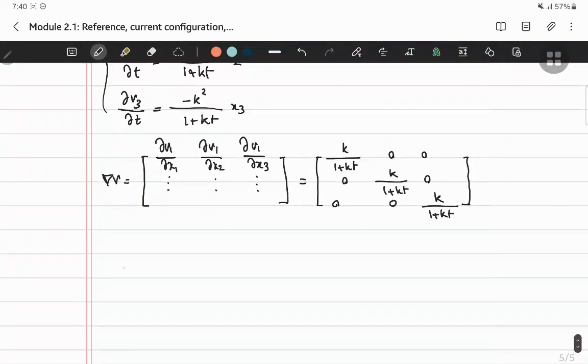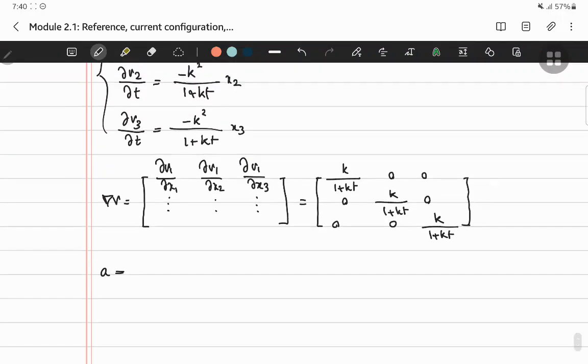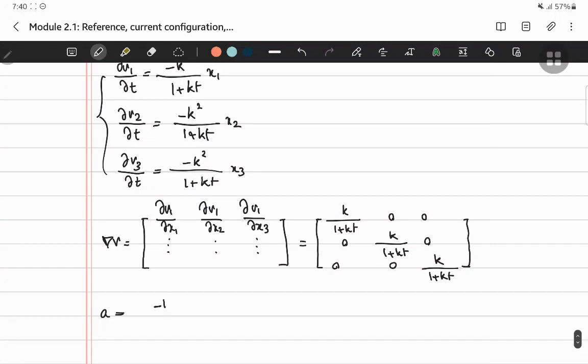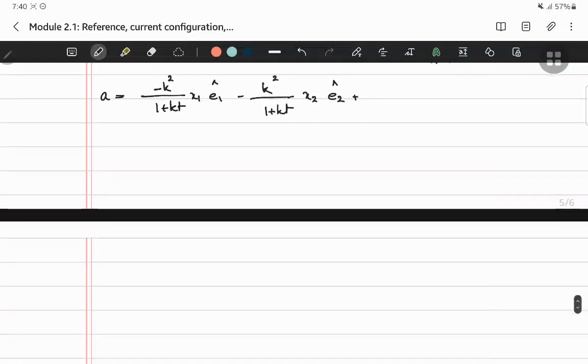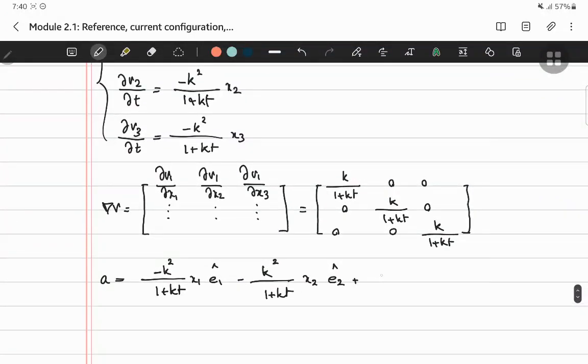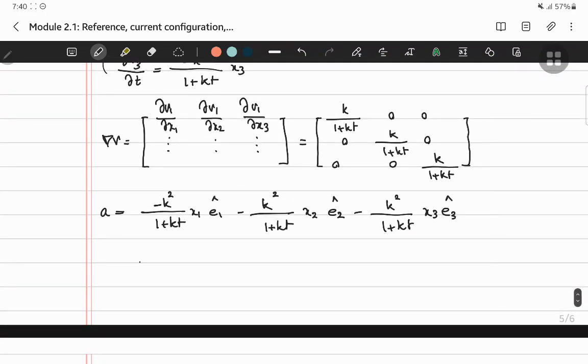If I write a equal to this, it is minus k squared divided by 1 plus kt x1 e1, plus minus k squared divided by 1 plus kt x2 e2, plus minus k squared divided by 1 plus kt x3 e3. All right, so now I have this part.